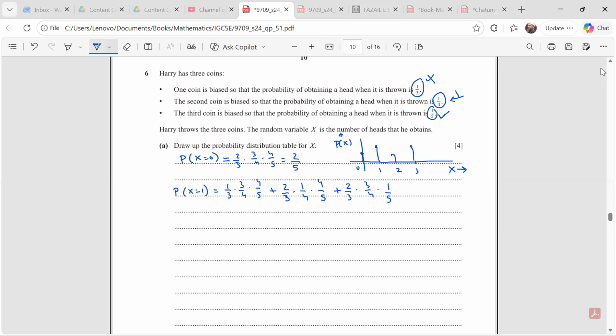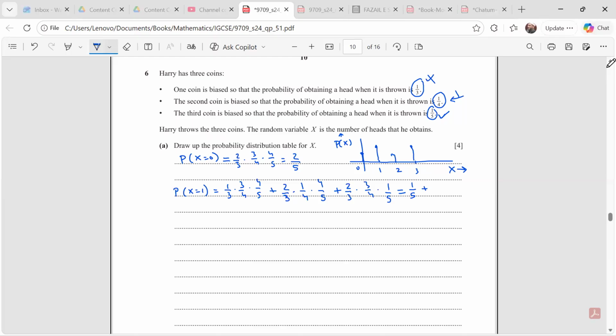I hope it's clear what I'm trying to do here. So let's simplify this a little bit. 3 cancels 3, 4 by 4, this is 1 by 5. Plus, sorry, 1 by 3, you cancel 3, 1 by 5.